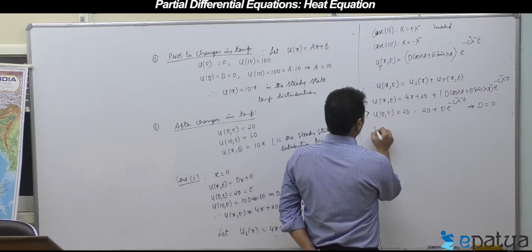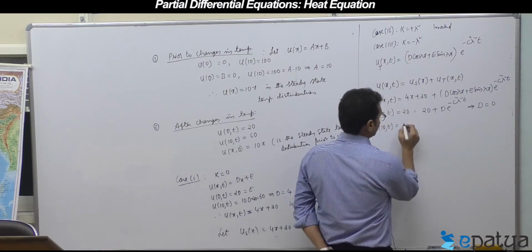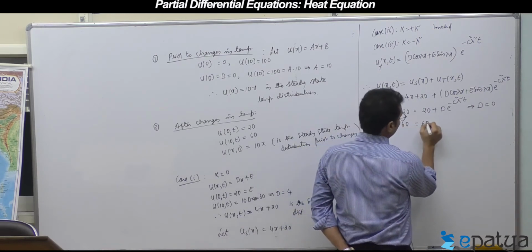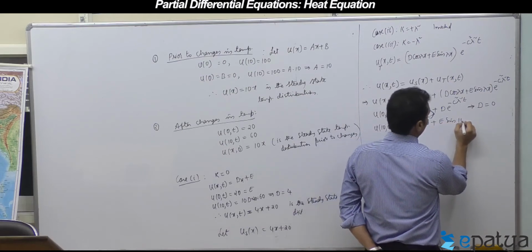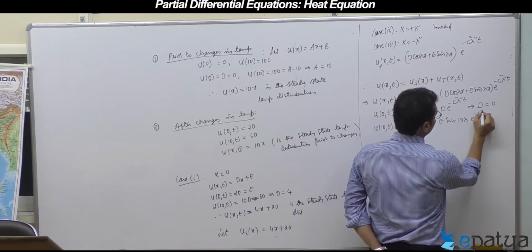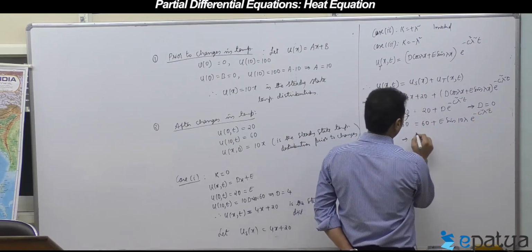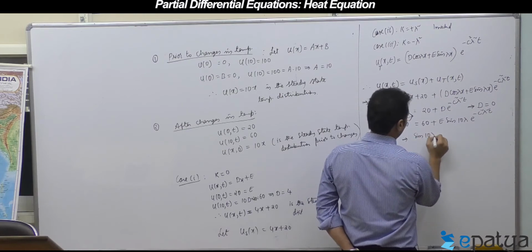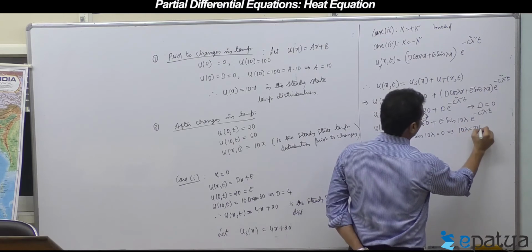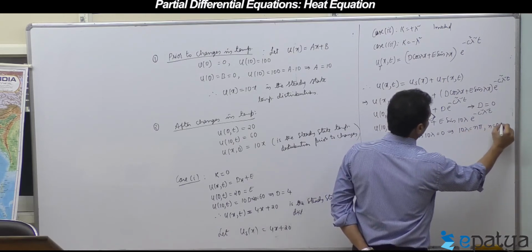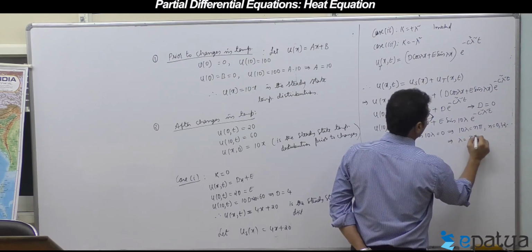Next, u of 10 comma t equal to 60 equal to 60 plus e sin 10 lambda into e power minus c square lambda square t, which gives me sin 10 lambda equal to 0, 10 lambda equal to n pi, n equal to 0, 1, 2, and so on, so gives me lambda equal to n pi by 10.